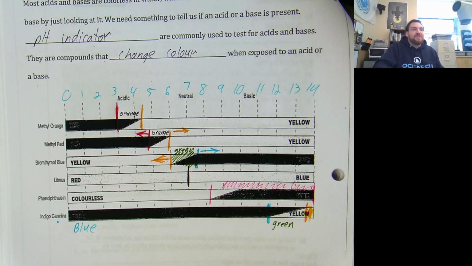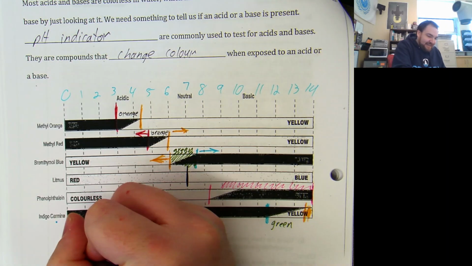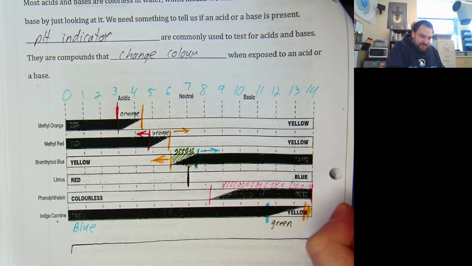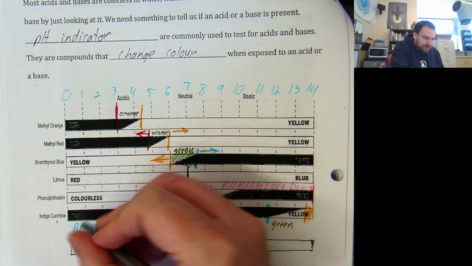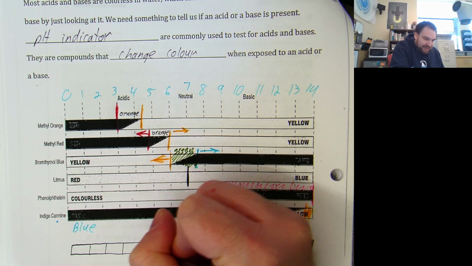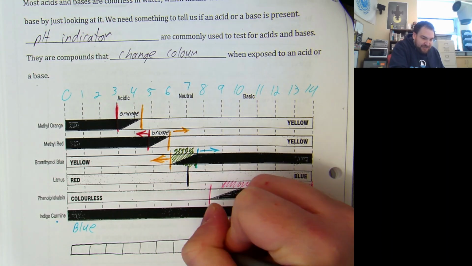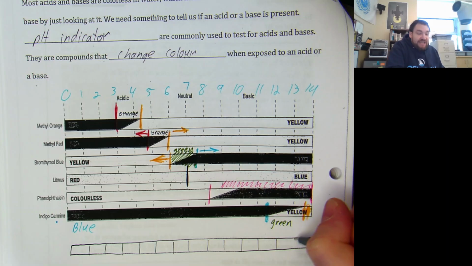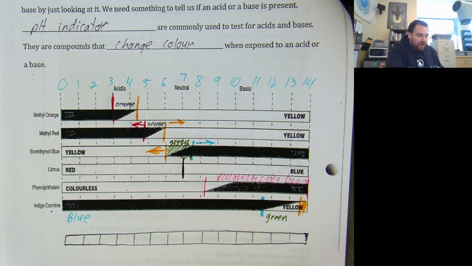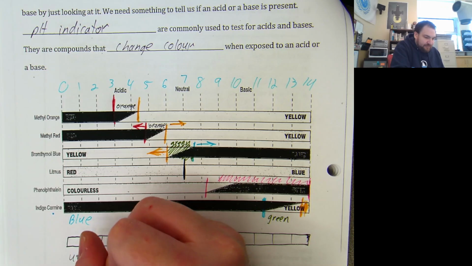Then there's a cheater one. In recent years, there is a cheaty indicator. Every single pH value gets a little line down here, and the cheaty indicator is what's called universal indicator.